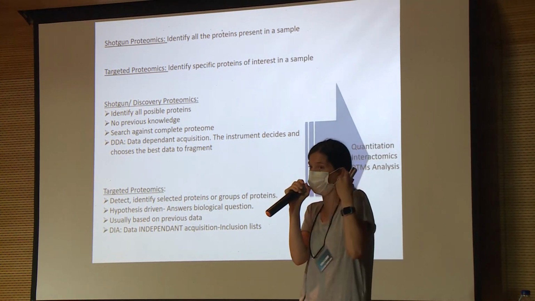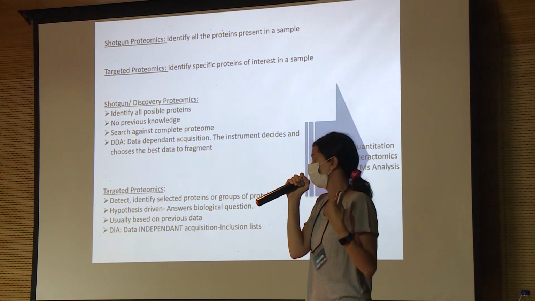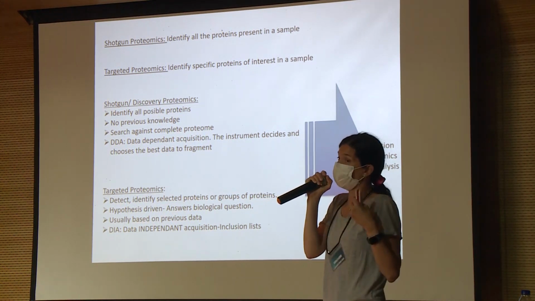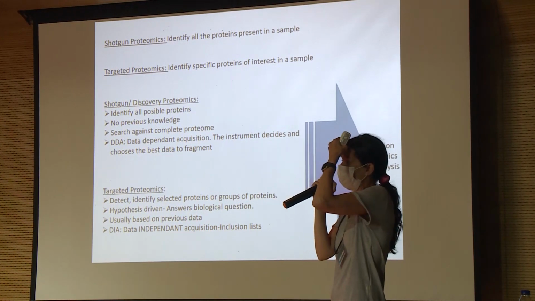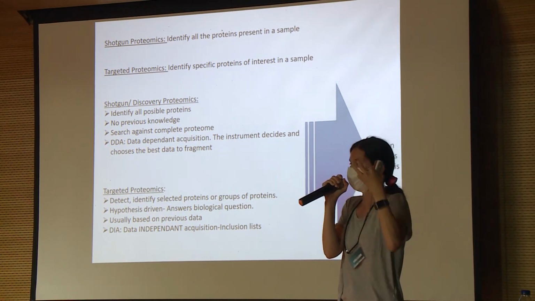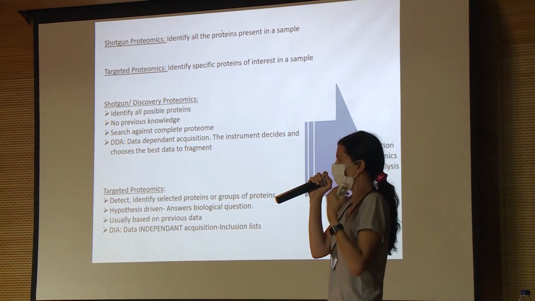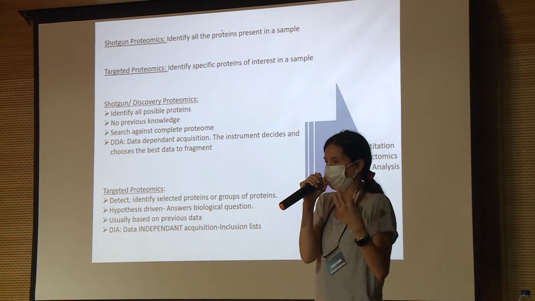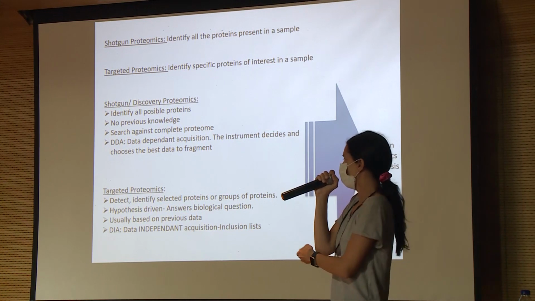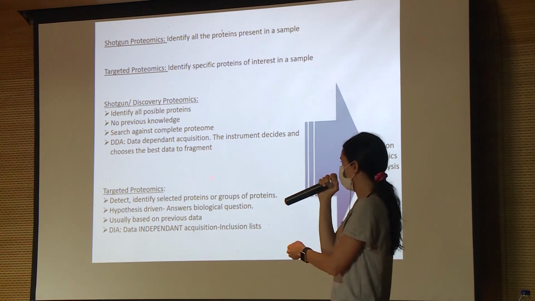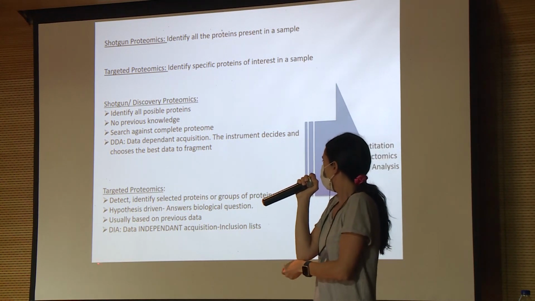They are answering a particular biological question, and they are usually based on previous data, by which I mean proteomics data probably. It's useful to have proteomics data a priori before doing these experiments.